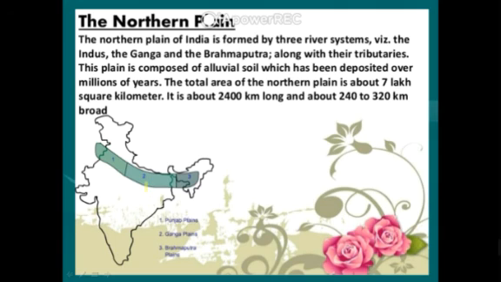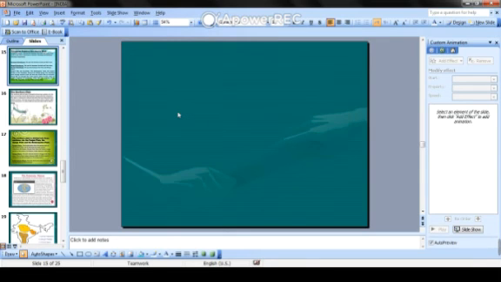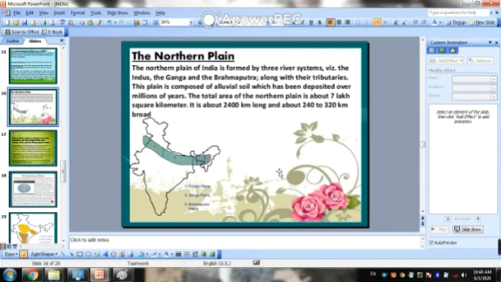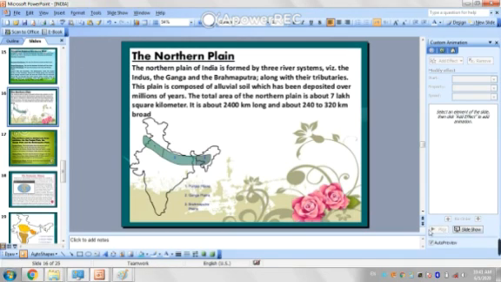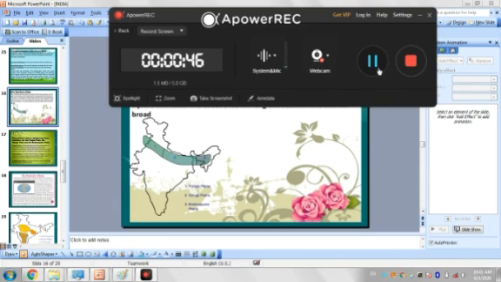It is an important physical division. Most of the population is located in the northern plains, and UP and Bihar are also located in this plain. It is a very fertile region. The northern plain is a very fertile region, and for this reason there is a very dense population on the Uttar Pradesh side.